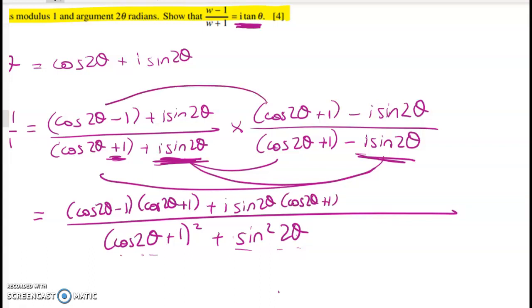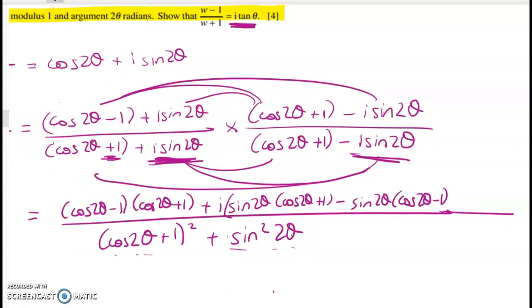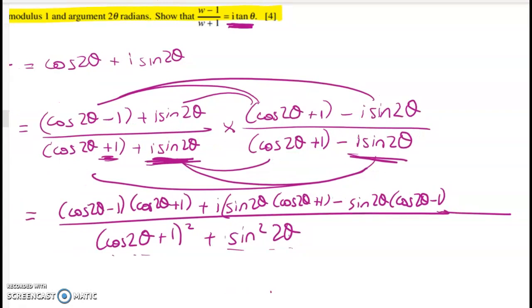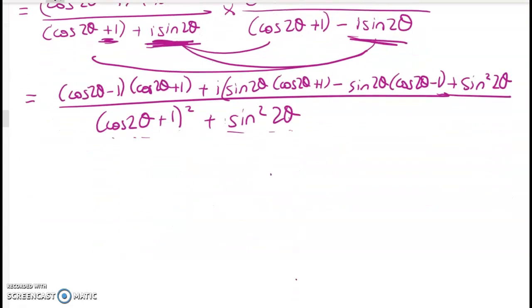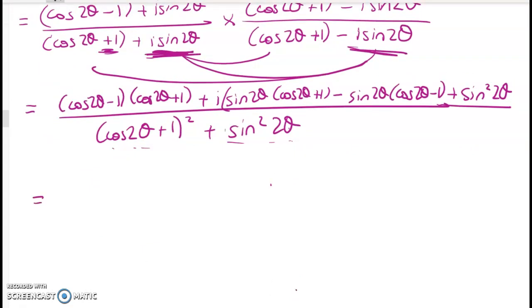So I've done those ones, and now I'm doing these ones, minus, so now these, let's take out the i. So sine 2 theta cos 2 theta plus 1 minus sine 2 theta times cos 2 theta minus 1. And then lastly, we've got minus i squared, so plus sine squared 2 theta. Right, so kind of a whole lot of stuff to expand, but a pretty easy expansion.